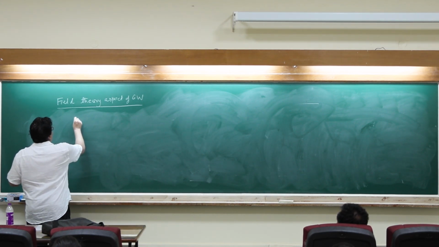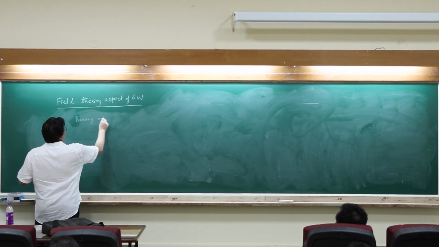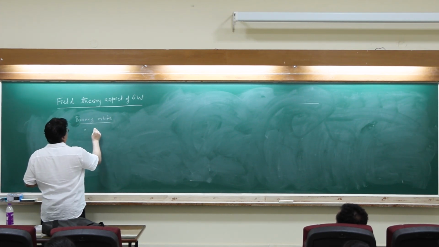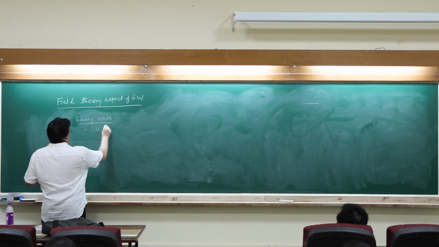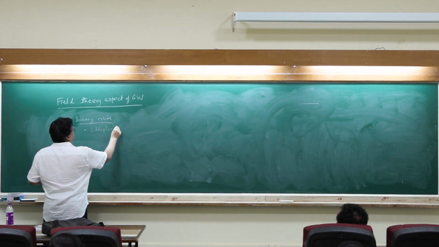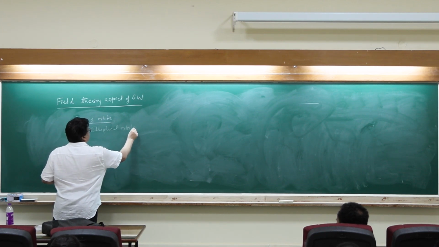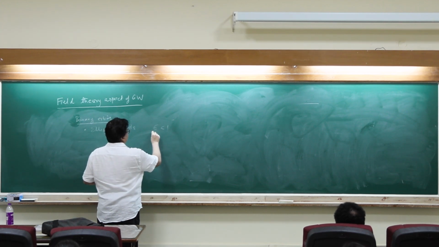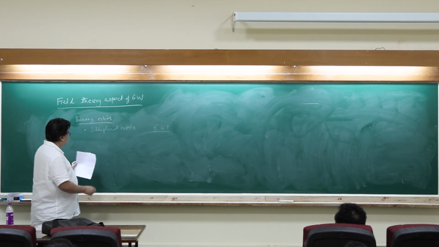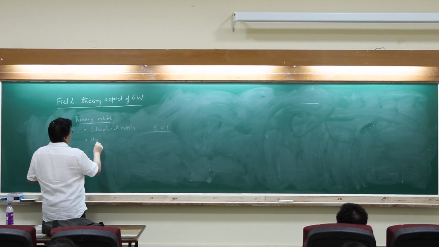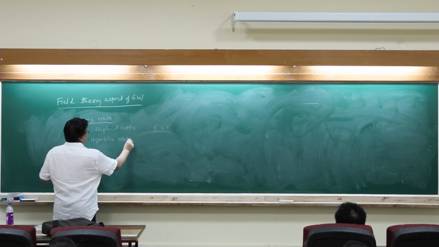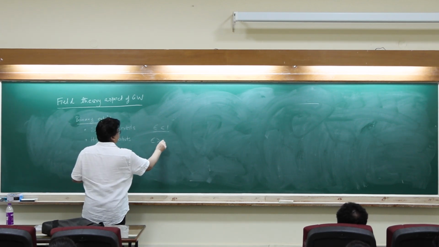So now I will talk about binary orbits. There are two types which are used: the elliptical, a conic section where epsilon is smaller than 1, this is the eccentricity, and hyperbolic, where the eccentricity is greater than 1.